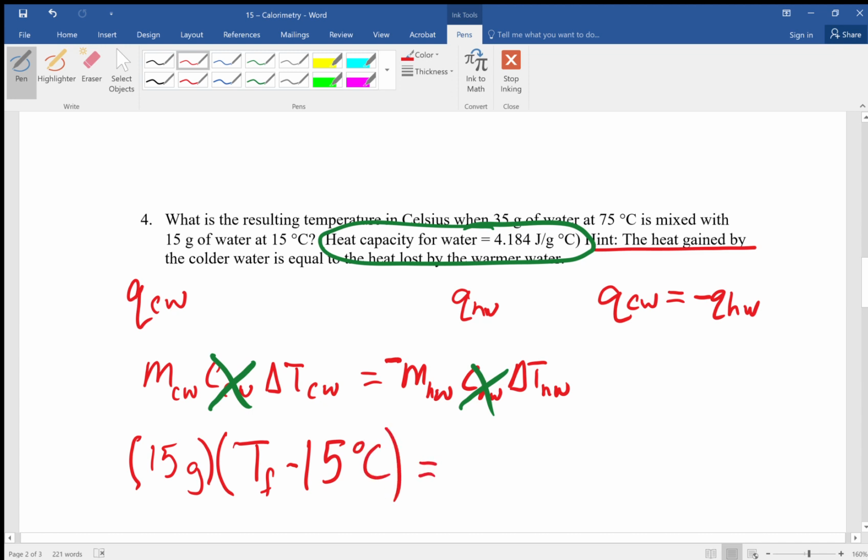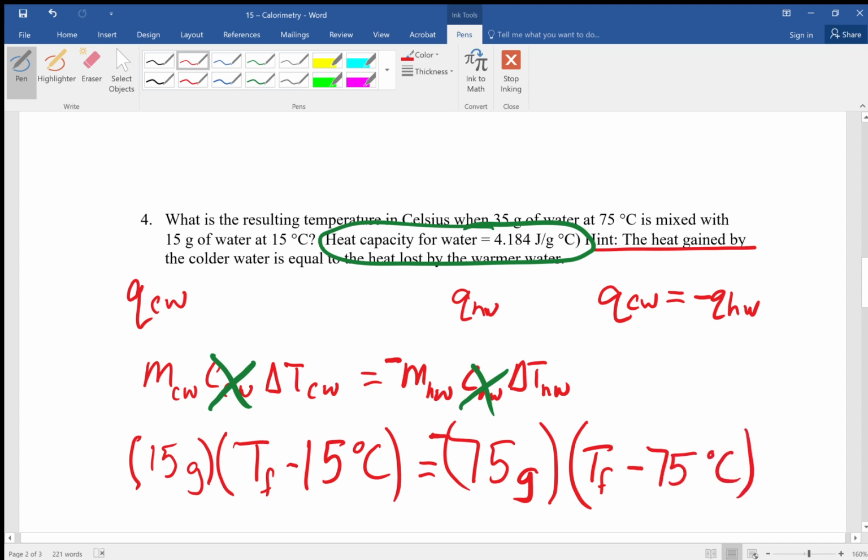That's equal to the mass of the hot water, 75 grams. Again, let's get our negative sign in. Times the final temperature of the hot water, which we don't know, minus the initial temperature of the hot water.